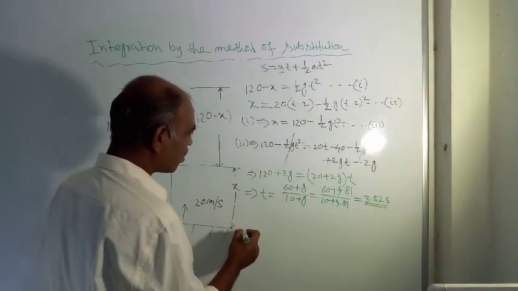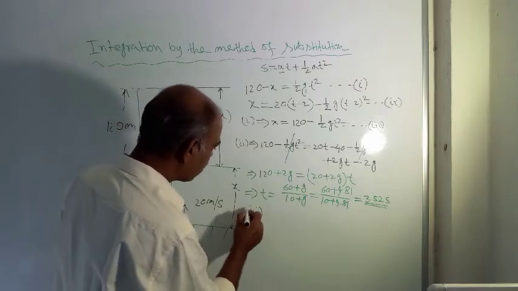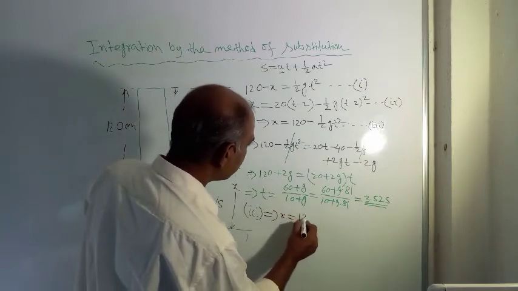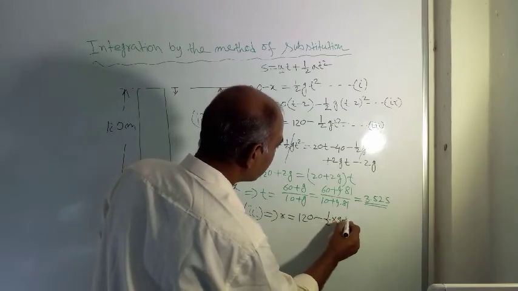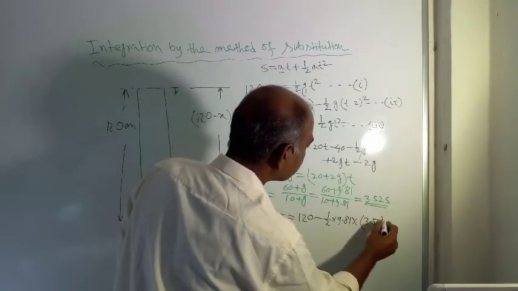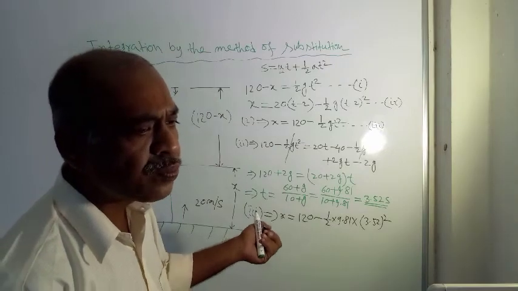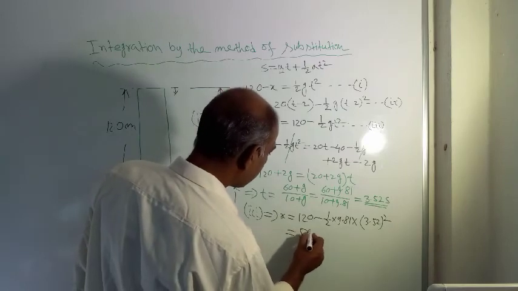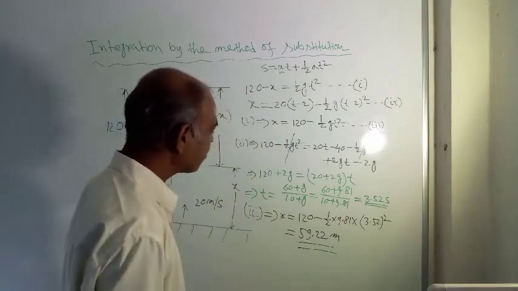So from equation number 3, x is equal to 120 minus half g t square. So half into 9.81 into 3.52 square. The result is x is equal to 59.22 meter.